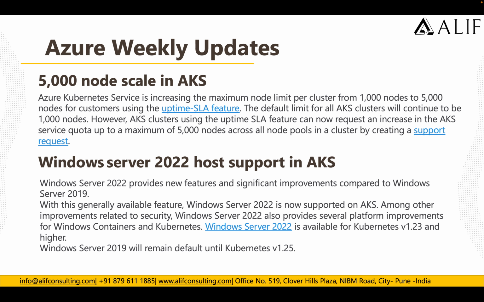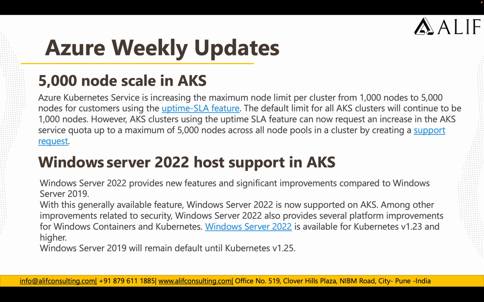Now the next update we have is again for AKS. Now we have support for Server 2022. What that means is, earlier we only had the capability of running Server 2019 from Microsoft, but now we have the capability to run Windows Server 2022. We need to make sure we are using Kubernetes version 1.23 or a higher version, right?